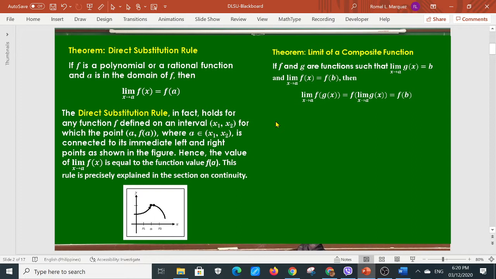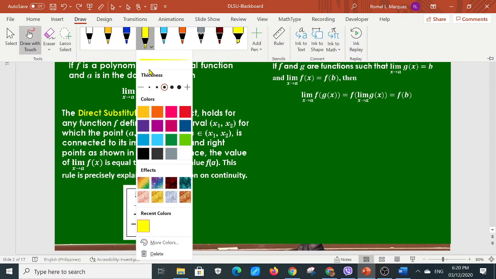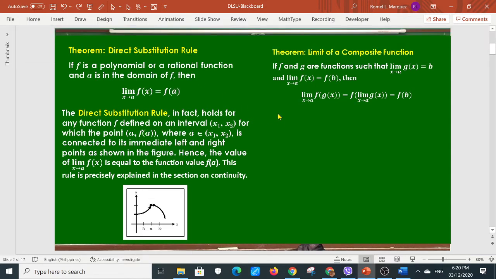So another theorem, existence of a limit.